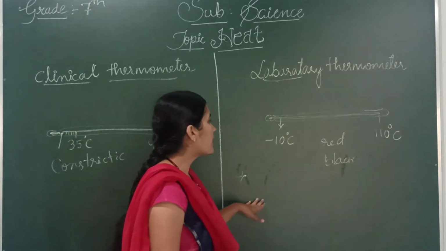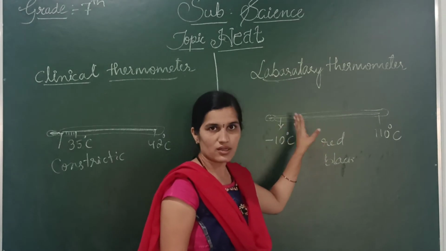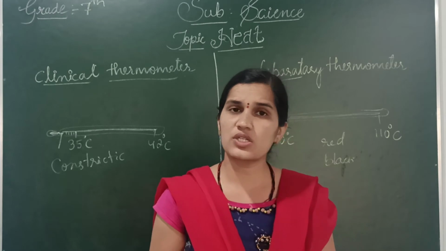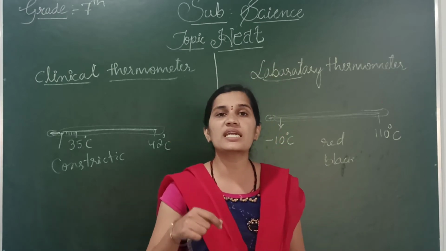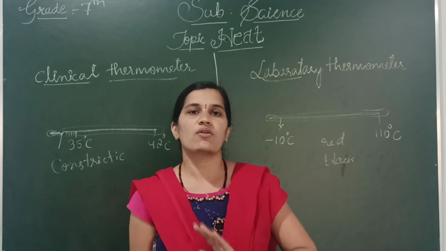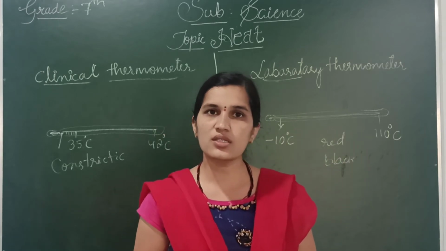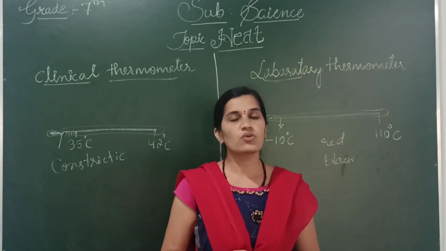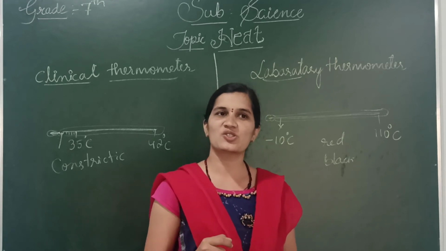But here there is no constriction, just because there is no situation which we come across in our laboratory to take out the thermometer from a liquid in which we have immersed it. Because if you want to know the boiling point of water, what will you do? Yes, my dear students, you are right.